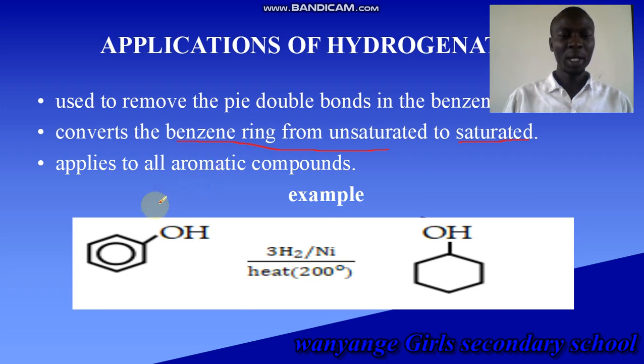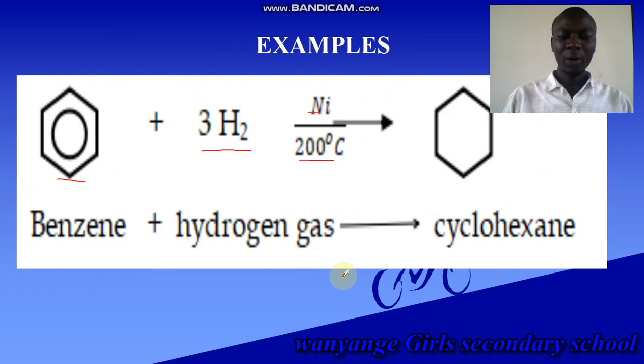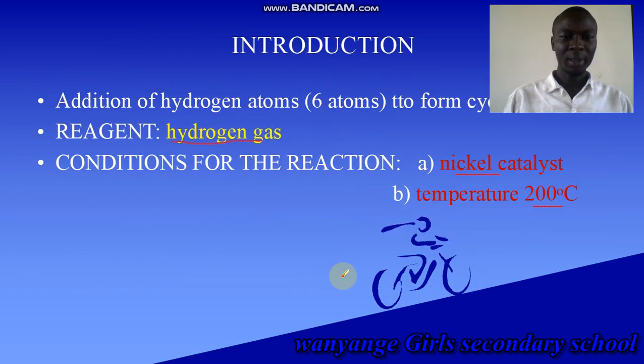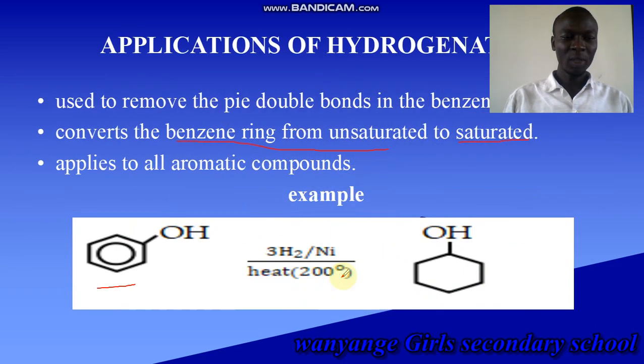For example, when you have phenol and you want to convert it to cyclohexanol, you realize that the only difference is in the ring there. See that there is a ring in phenol. Inside the benzene ring, there is that pi delocalized ring of electrons.